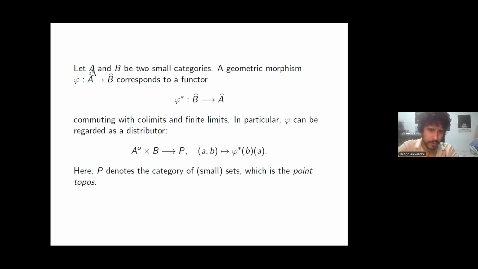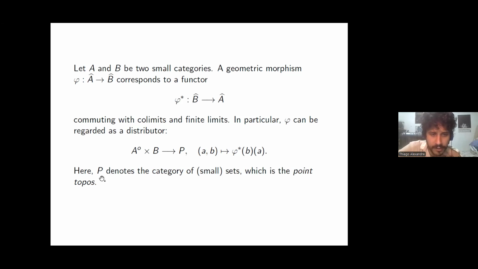If we have two small categories A and B, a geometric morphism phi corresponds in some sense to a functor from B hat to A hat, commuting with colimits and finite limits. In particular, phi can be regarded as a distributor, or a profunctor, as some people say, which is a functor of this type here.